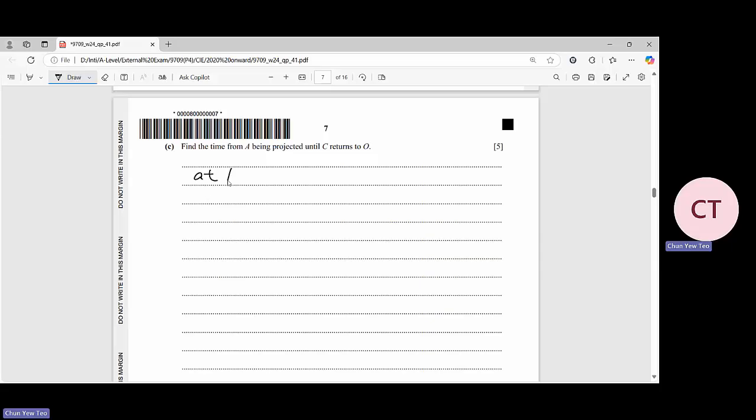So at A, we are using the formula VA equal to UA minus gt. So it will be 80 minus 10 times 3.5. If you press the calculator, you get 45 meters per second. Then at B, you do the same thing.